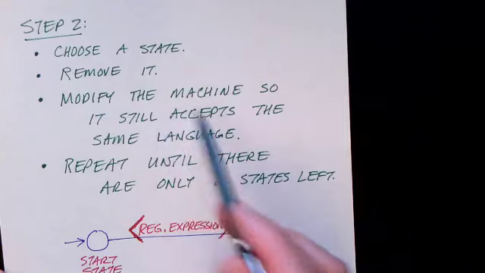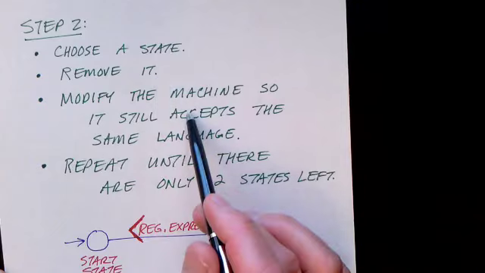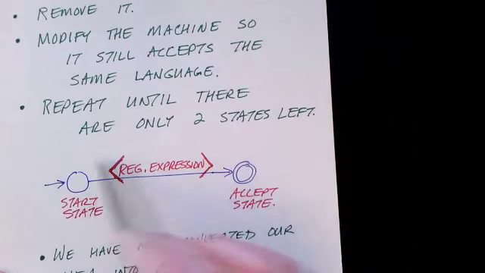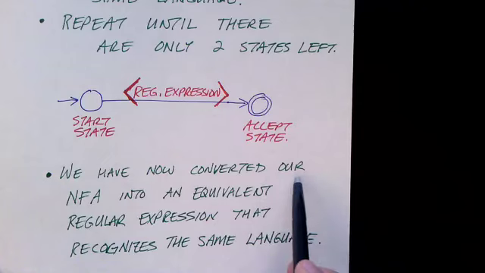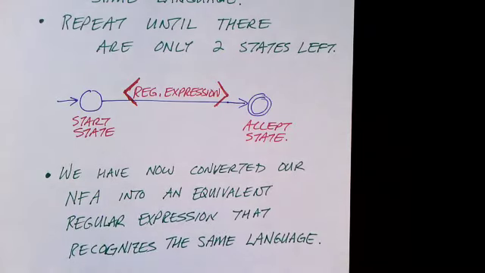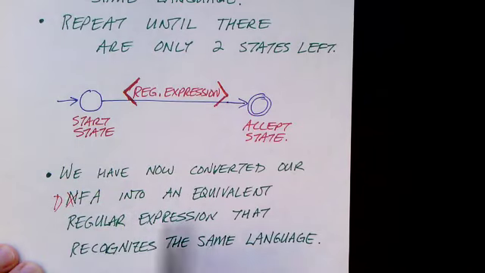As I said, we're going to repeat this process of choosing a state, removing it, and modifying the remaining edges until there are only 2 states left. At that point we have a machine that looks like this, and we've identified the regular expression. So now we've converted our deterministic finite state automaton into an equivalent regular expression that recognizes the same language.